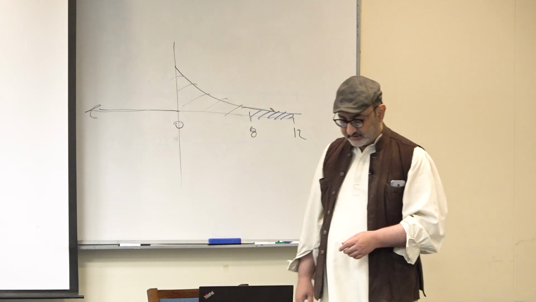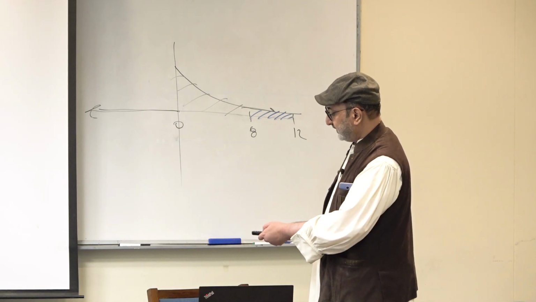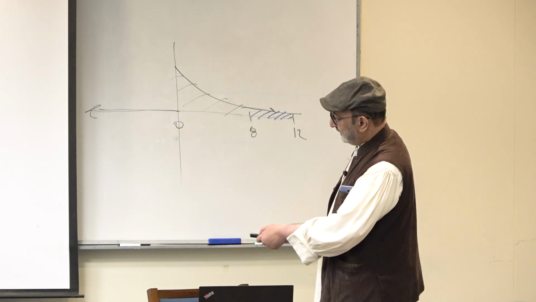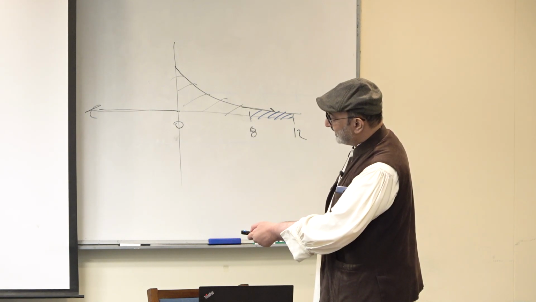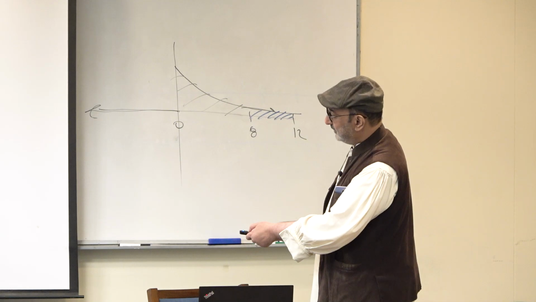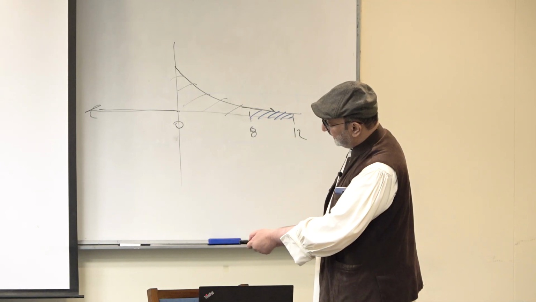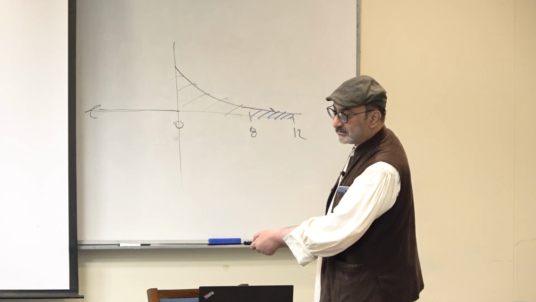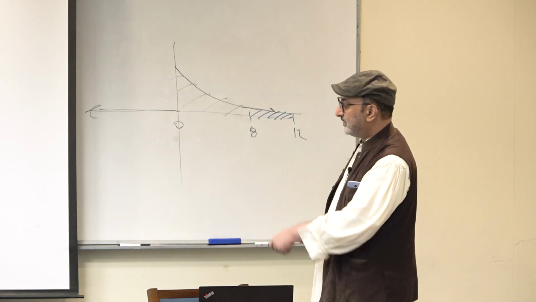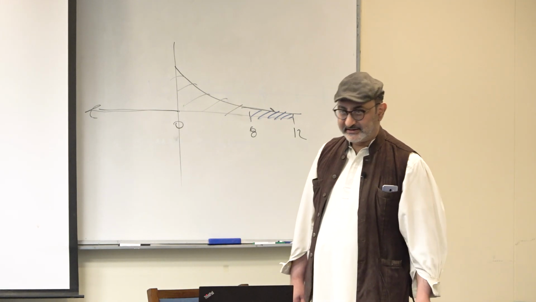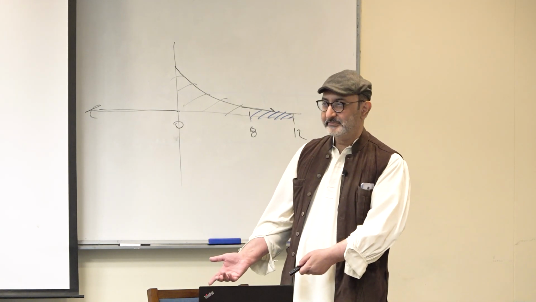So that's the CDF at 12 minus the CDF at 8, and the probability that y is less than 8 would be the CDF at 8. So the probability that y is bigger than 8 is 1 minus the CDF at 8. Okay, so I've rewritten everything in terms of the CDF, which we've already found.